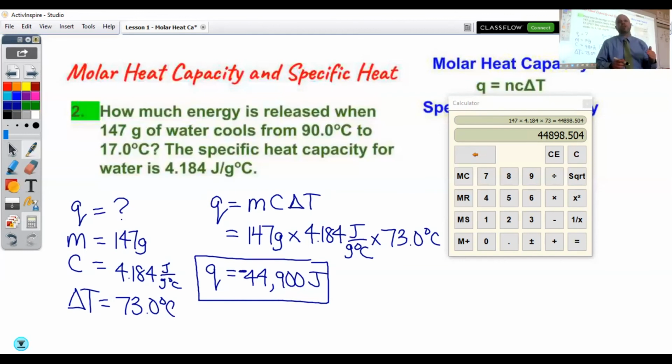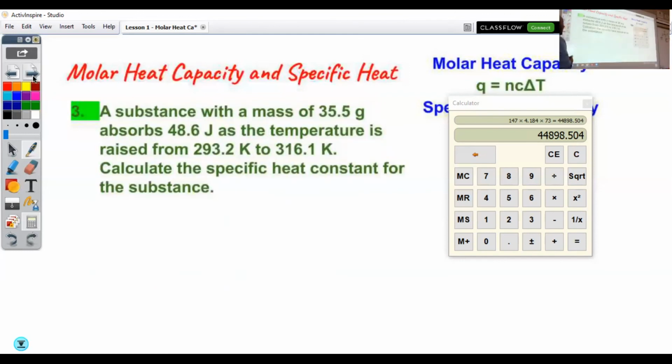Let's take a look at our third and final example problem. In this example, we once again are using Q, M, C, and ΔT. We know that because it mentions the words specific heat constant as opposed to molar heat constant.